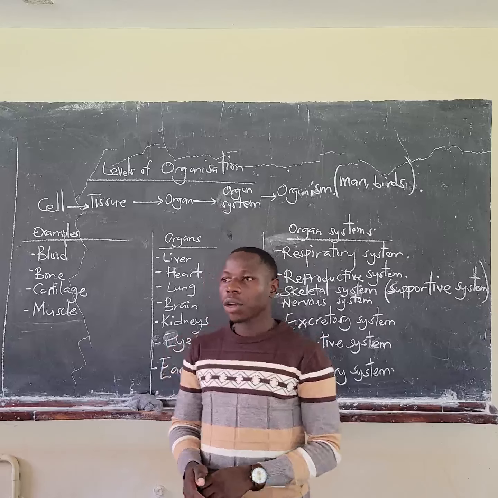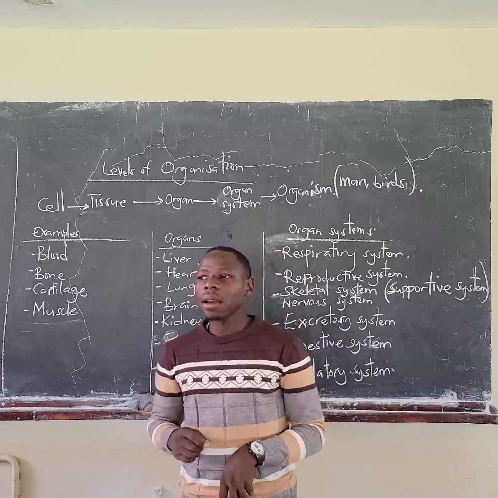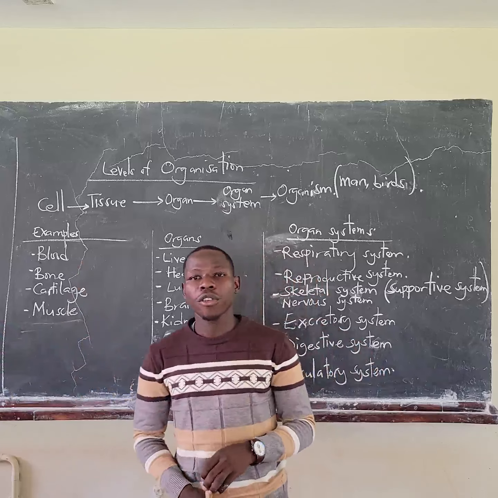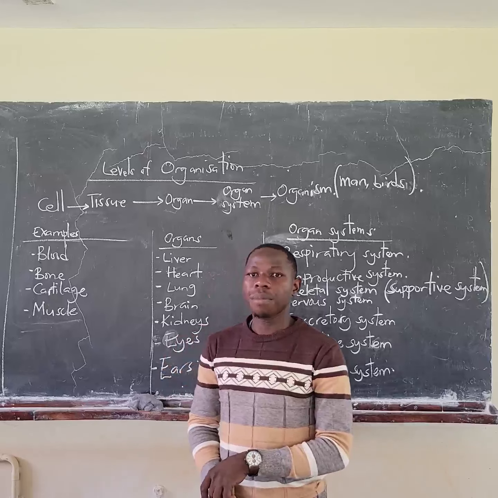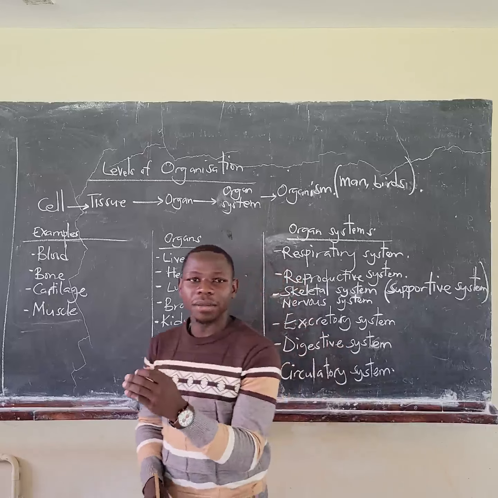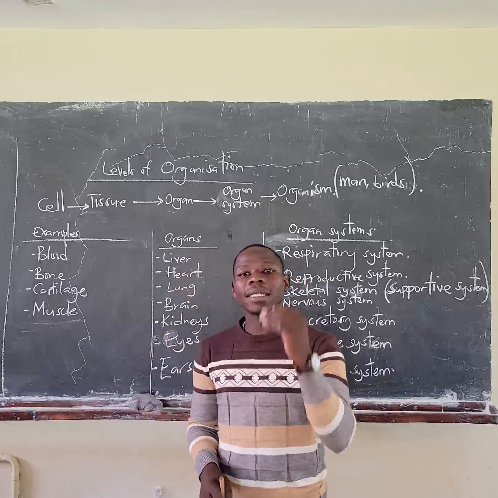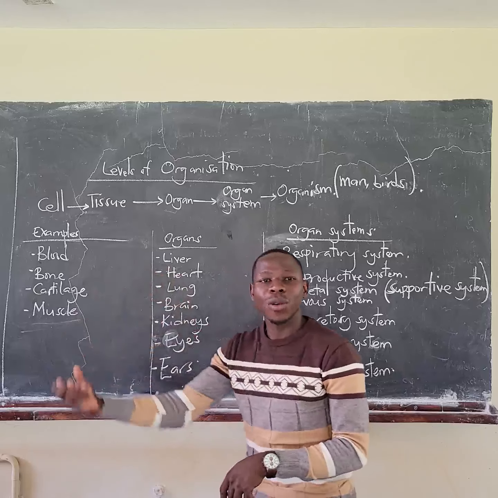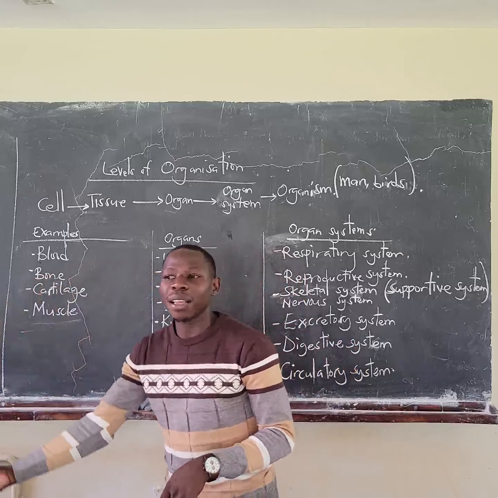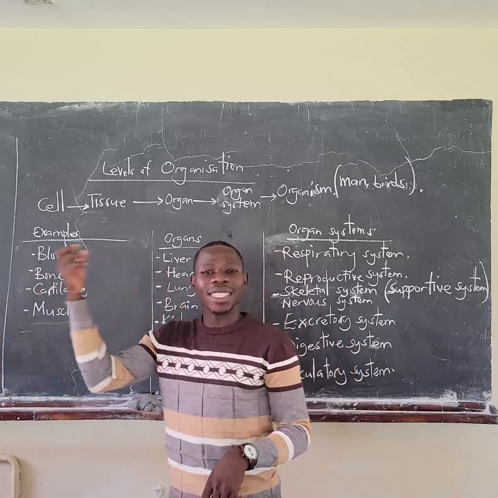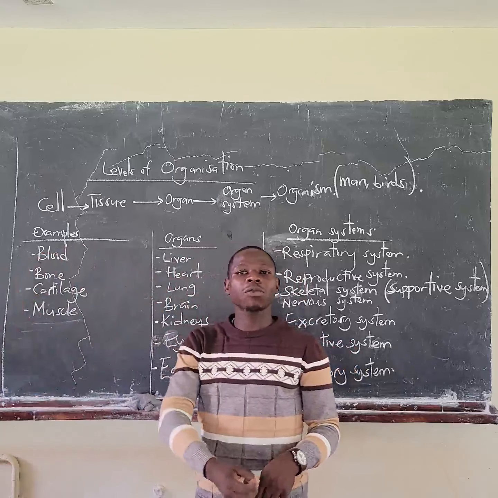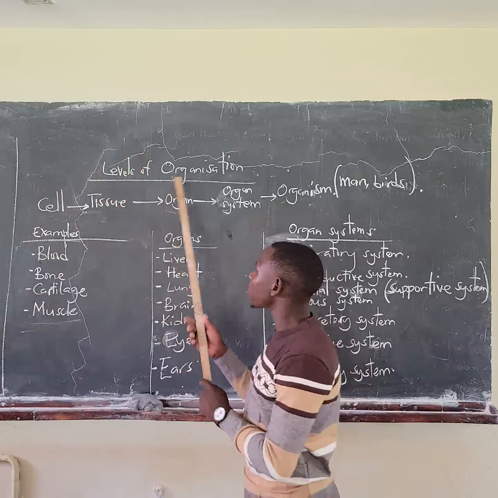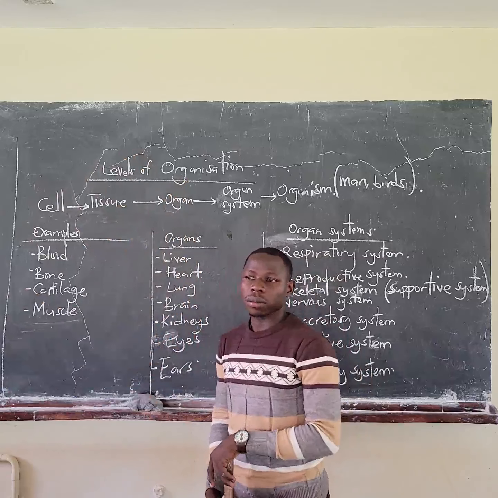Now, remember we said a cell is the basic structural and functional unit of life, meaning an organism is what it is because of cells. Now we are looking at how cells organize themselves, how cells collect themselves to come up with what we are calling an organism, and that is the levels of organization.